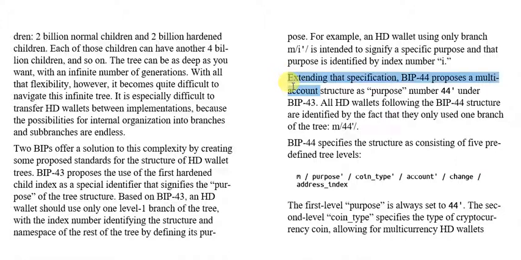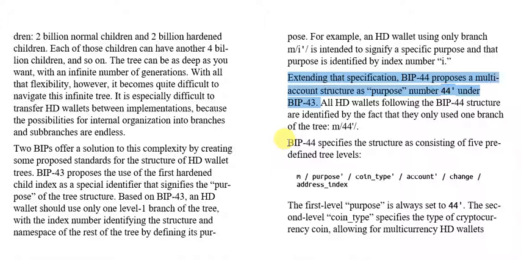Extending that specification, BIP 44 proposes a multi-account structure as purpose number 44 under BIP 43. All HD wallets following the BIP 44 structure are identified by the fact that they only used one branch of the tree, m/44'/.